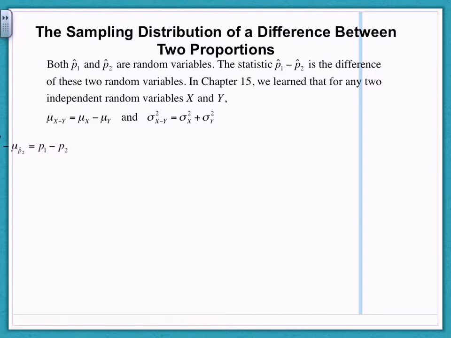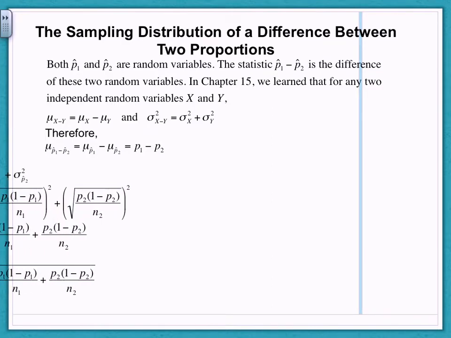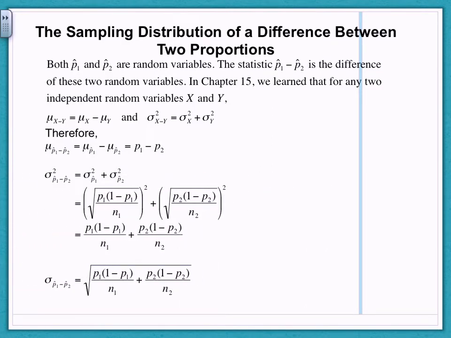So to find the sampling distribution of the difference of two proportions, we take our two proportions and subtract them to find the mean of the difference. Your distribution will be centered at the difference of your two proportions. Your standard deviation will be found by taking the two variances and adding them together.